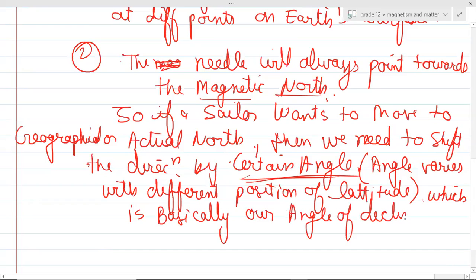Is this clear, guys? Where exactly is it used? Yes, sir. Sir, how do we know the angle of declination at one particular point? You can know the angle of declination very easily with the help of this thing. I think generally it is used to measure the horizontal component of it, but still there is a chart.